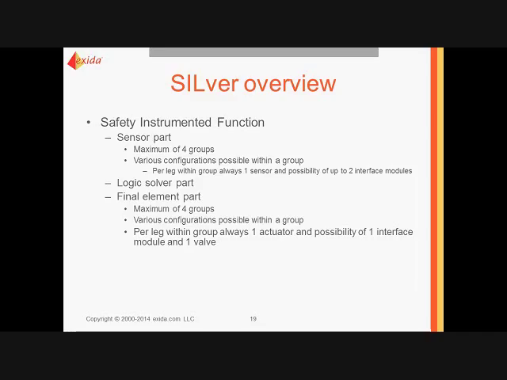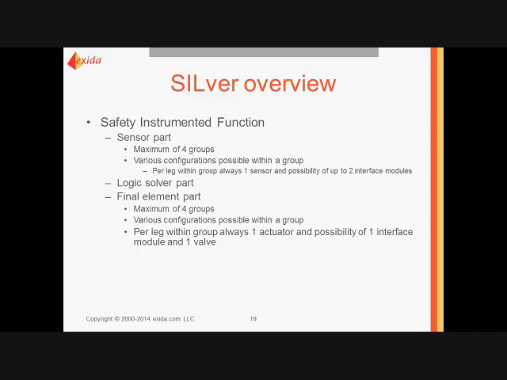So in terms of the SILver overview, a safety instrumented function consists of a sensor or sensors, logic solver or logic solvers, and final element or final elements. From the exSILentia point of view, you can have a maximum of 4 groups for the sensor part.